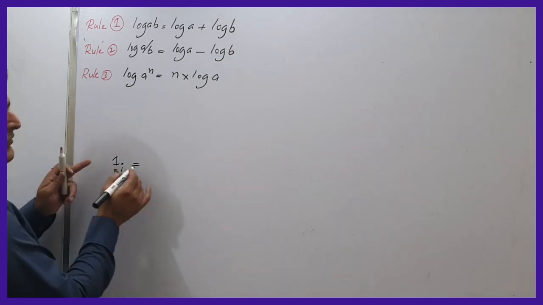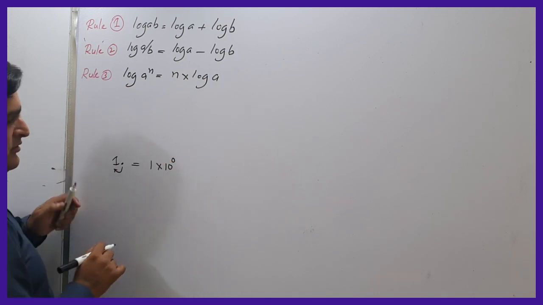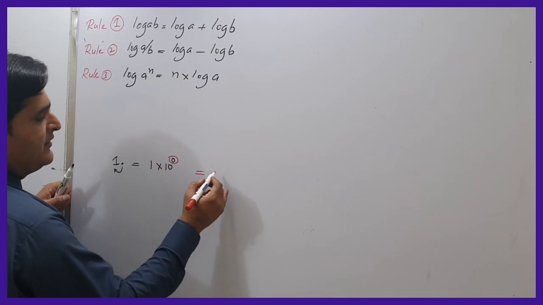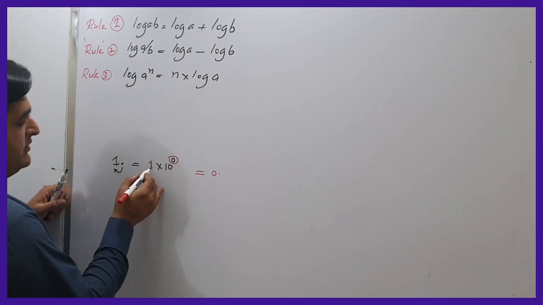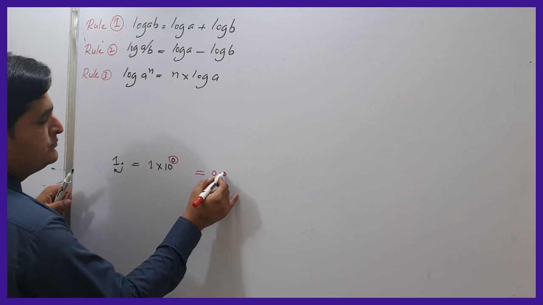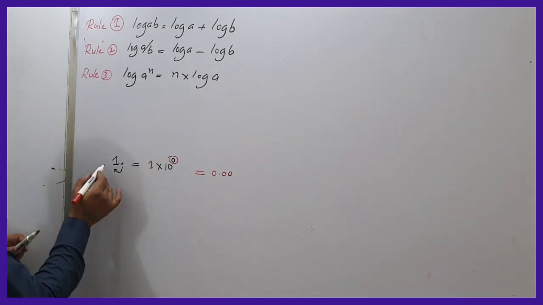So it is already in standard form. Its exponential number will be 1 into 10 to power 0. In this case, this 0 is the characteristic, and this coefficient is 1. The logarithm of 1 will also be 0, so its logarithm will be 0.00 if our number is 1.